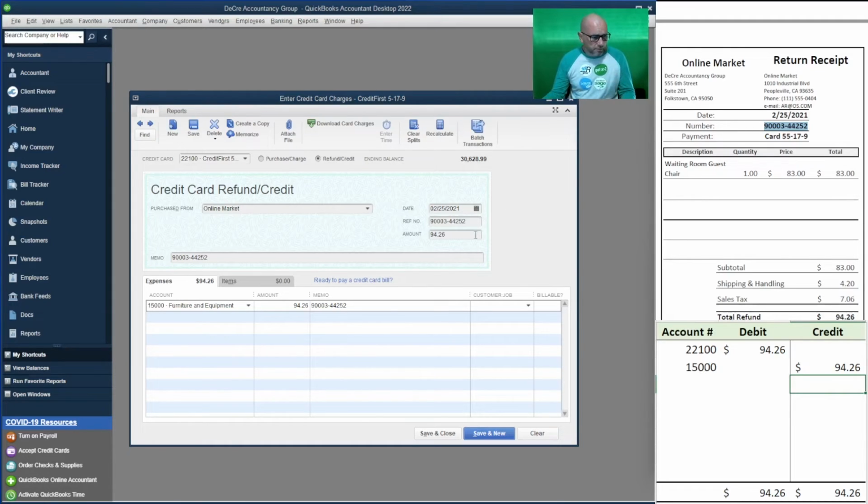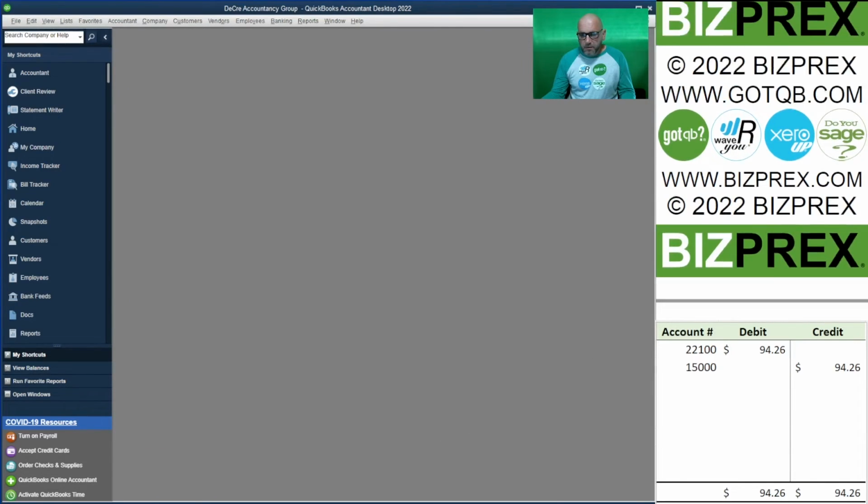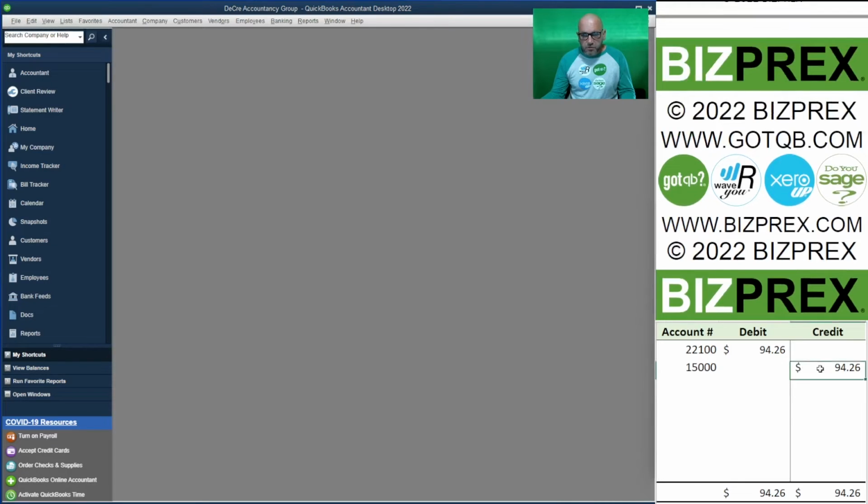It is credited, right? And therefore, it is reduced. So this amount right here, it's a credit to account 15,000. And this amount right here, it's a debit to account 22,000. We can save and close. And that concludes transactions for February for our credit cards.